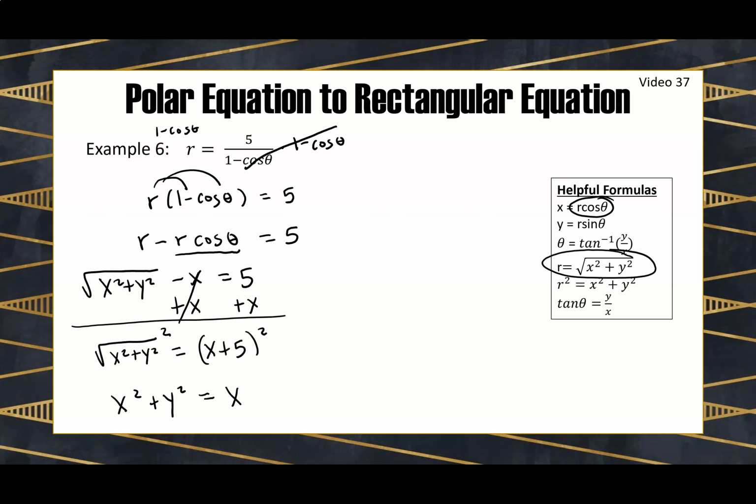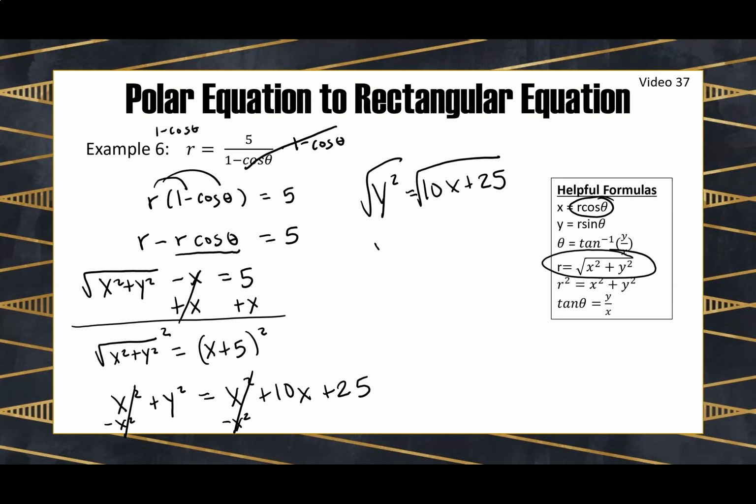Foiling this one, I get x squared plus 10x plus 25. I'm going to subtract x squared from both sides. I'm left with y squared is equal to 10x plus 25. I square root both sides, and I get y equals plus or minus the square root of 10x plus 25.